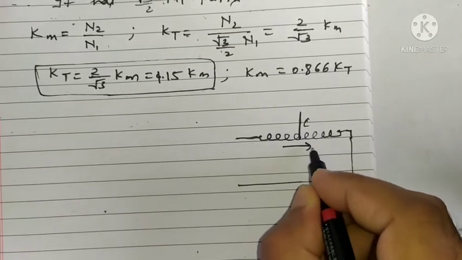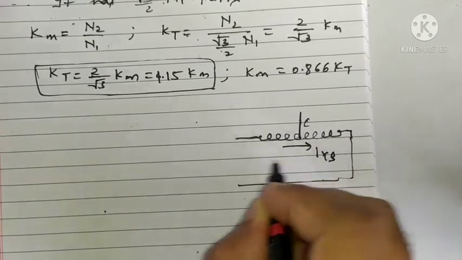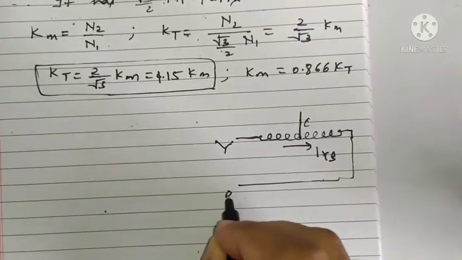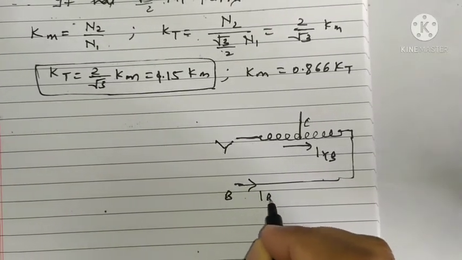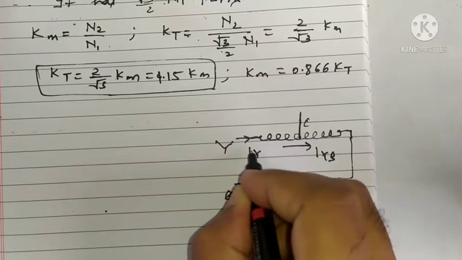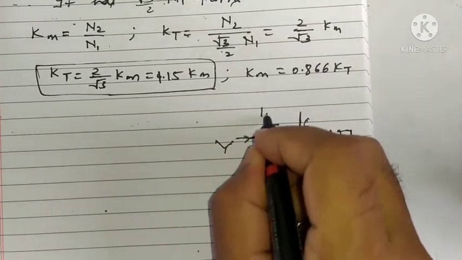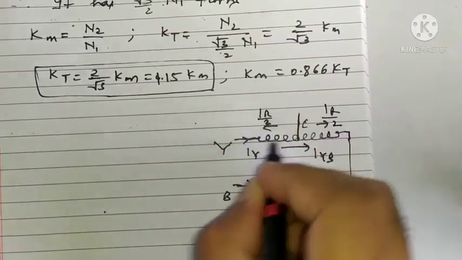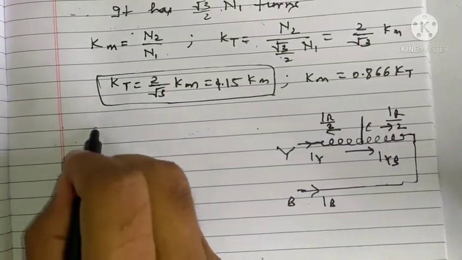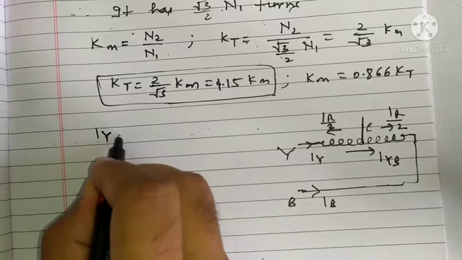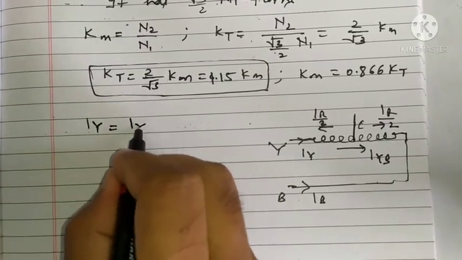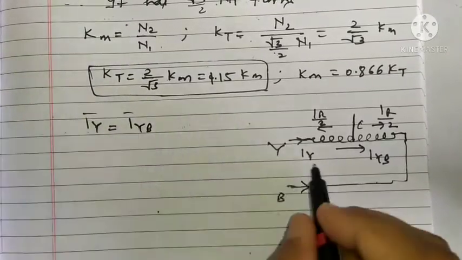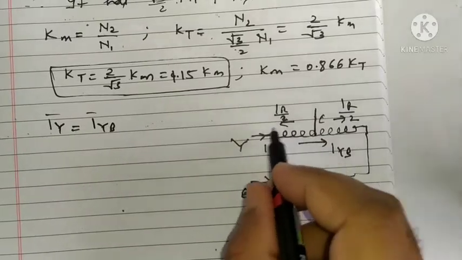The current in this direction was Iyb; this is Y, this is B, this is Ib, this is Iy. The current in this direction was IR by 2. Here also the current was IR by 2. So I can write Iy as Iyb minus IR by 2.